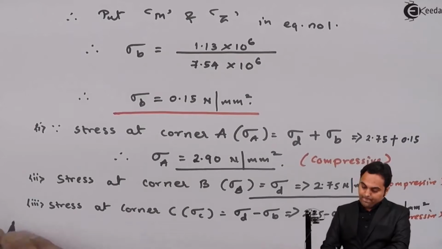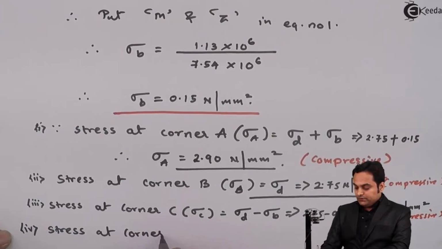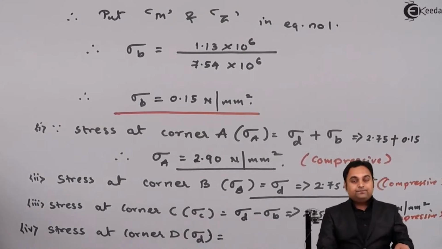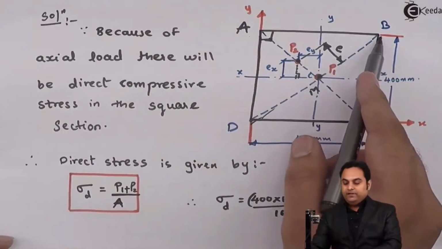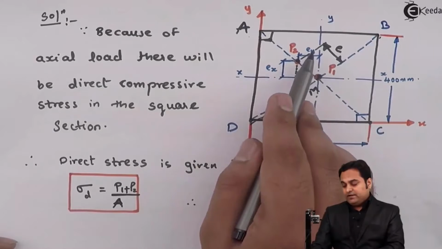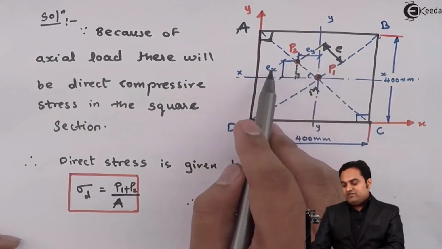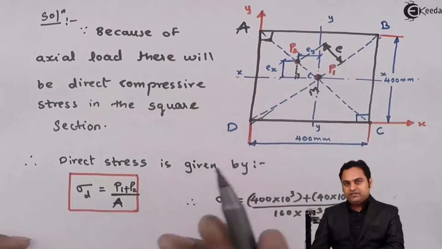Now the stress at corner D, that is sigma D. Again, the effect of P2 will not be there on D, as it was not on B, because it is lying on the diagonal AC, and at the same time the eccentricities are the same. If the eccentricities had been different, there would have been an effect on B and D as well.